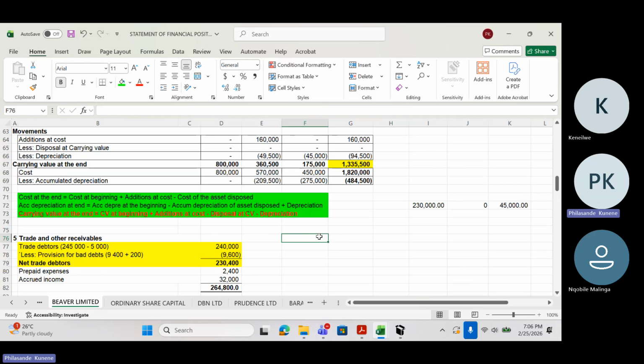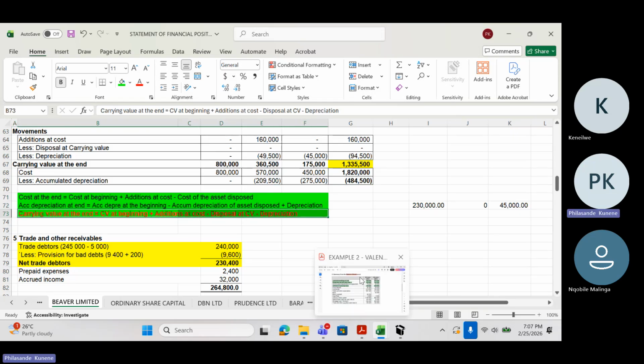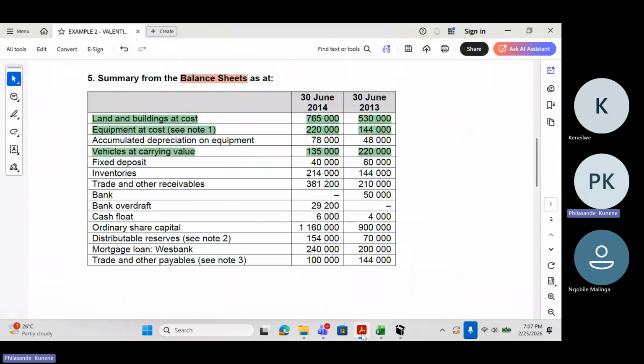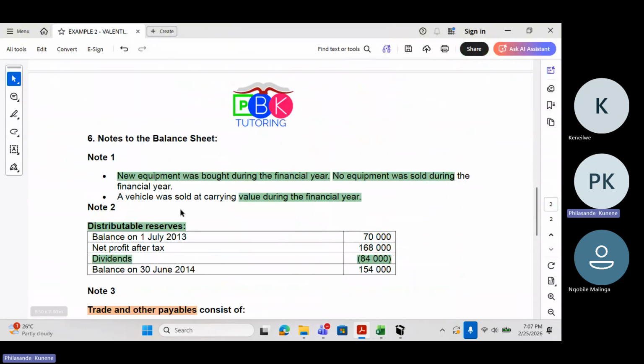You remember I gave you these formulas when we were doing balance sheets, but now they're helping us in the cash flow statement. I did emphasize to you guys that these formulas will be very important for you. Now we're going to use this formula to calculate vehicles that were disposed, because they're telling us that a vehicle was sold at carrying value during the financial year, but we don't know how much that is.